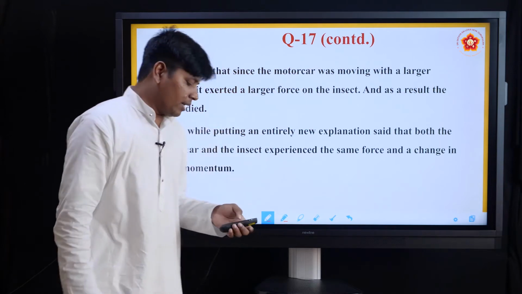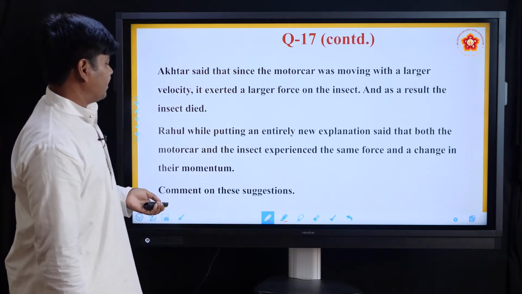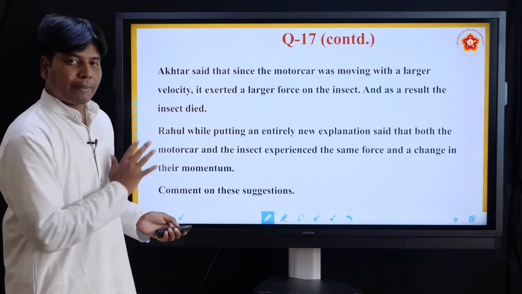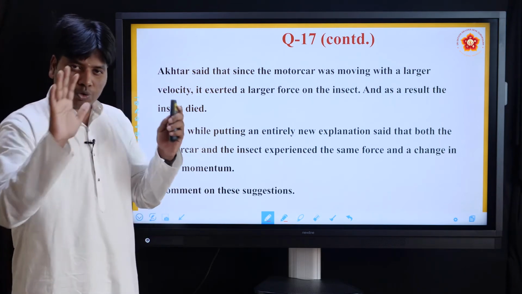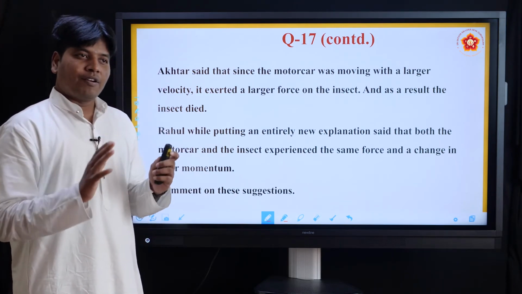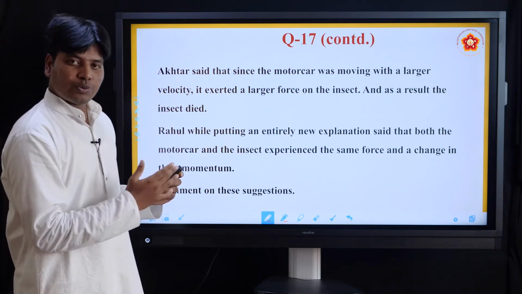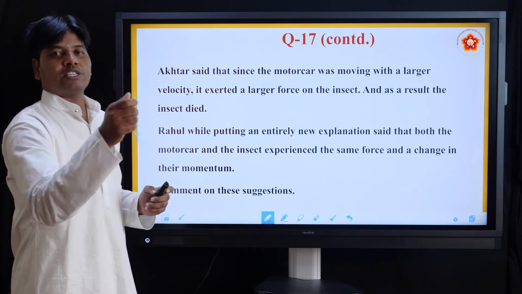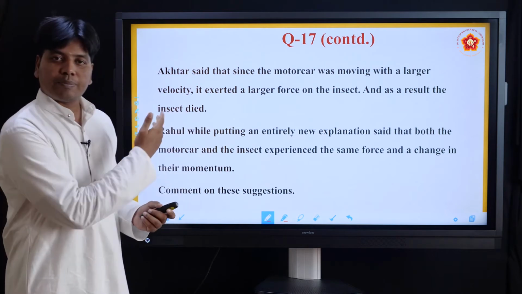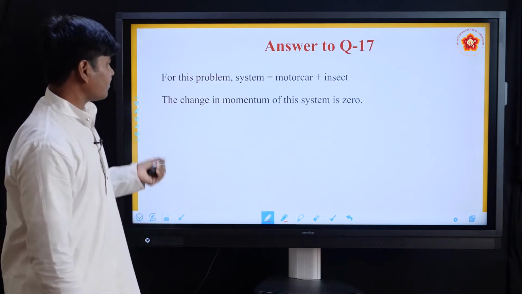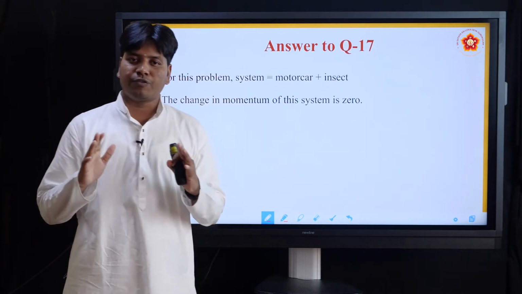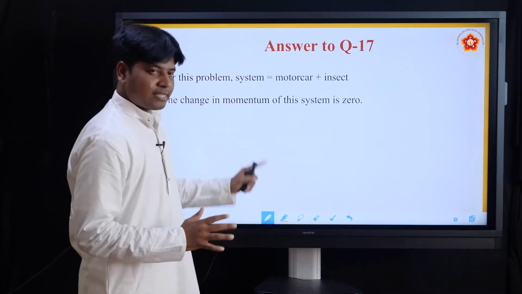Now we need to comment on these suggestions. Let us first have clarity on the overall situation, and then go to the suggestions made by the three friends. For this problem, first of all, we need to understand the system.